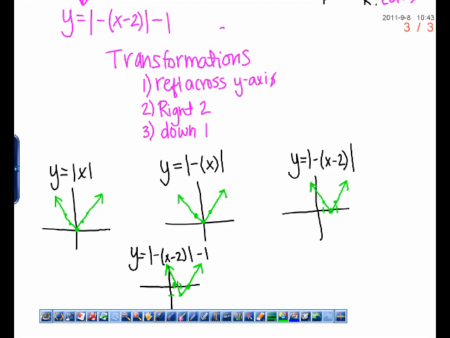That's our final graph. How can I check that I didn't mess up an order somewhere or get something mixed up, because this was such a weird problem? Yeah, let's plug in 3. When we plug in 3, what are we hoping we get out? 0. All right. So plug in 3 for x. 3 minus 2, 1. Negative 1. Absolute value of negative 1, 1 minus 1, 0. Now, that's the equation we shifted around.